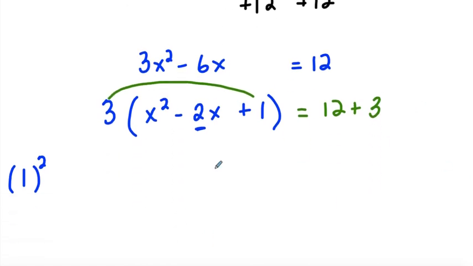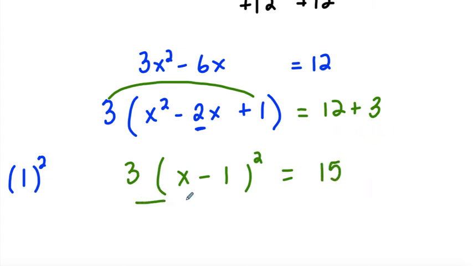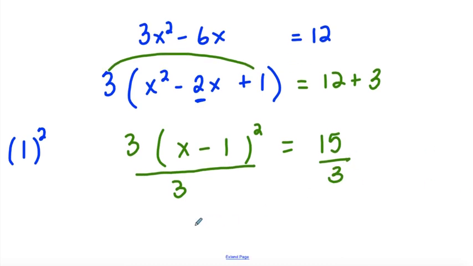We turn the left into the square of a binomial. So x minus 1 squared equals, we simplify the right and get 15. We divide both sides by 3. Okay, Coach Fred made this one a nice one for you. So x minus 1 squared equals 5.